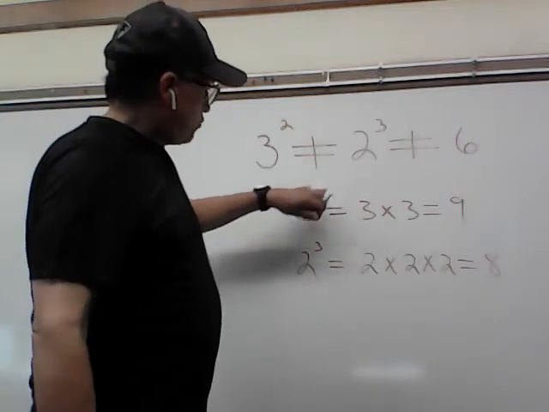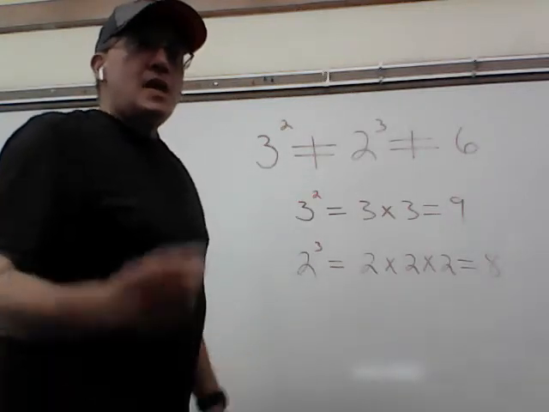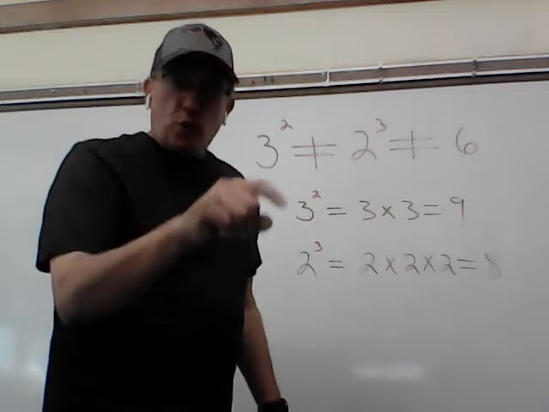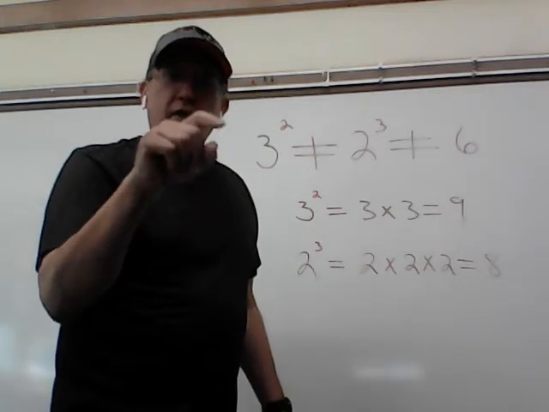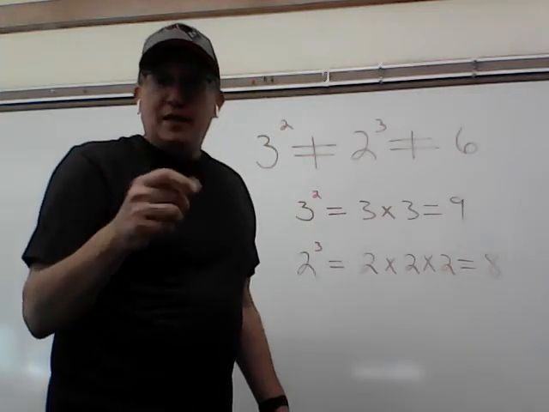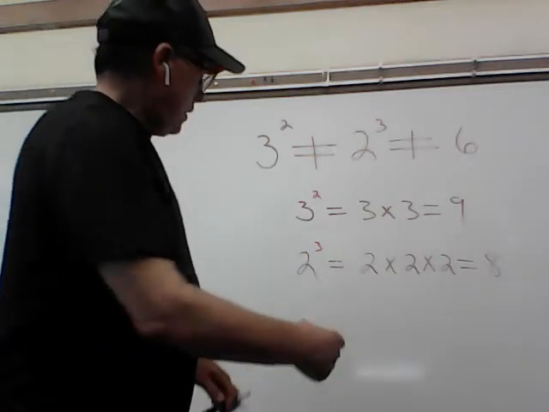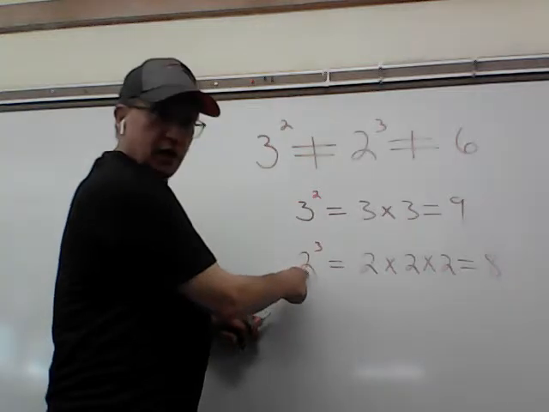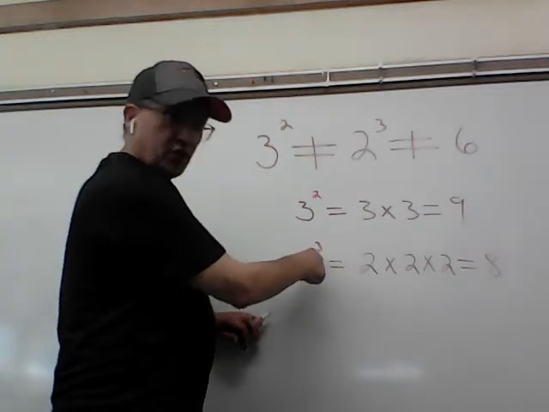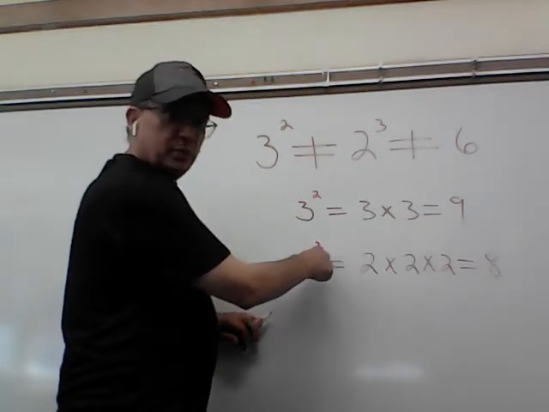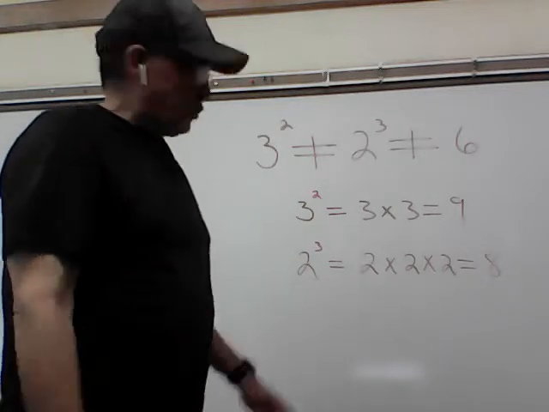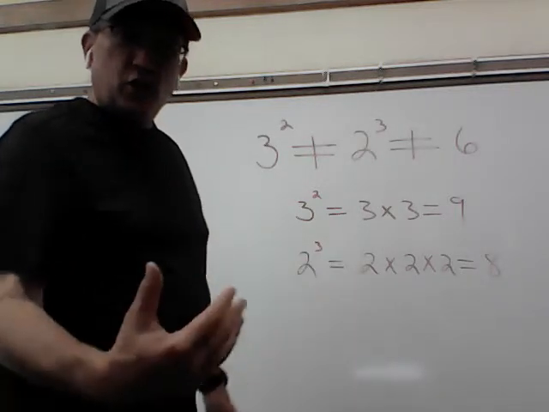This is read as 3 to the 2 power. It can also be read as 3 squared, and we will talk in a future video about why it means 3 squared. There's a geometric reason for that. And this one down here can be read as either 2 to the 3rd power or 2 cubed. And once again, there's a geometric interpretation for why it's called cubed.